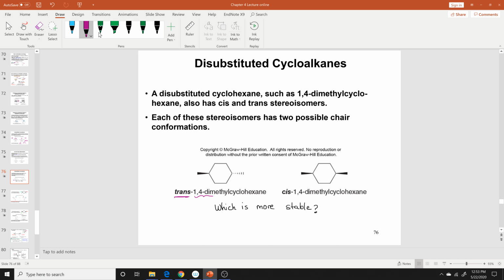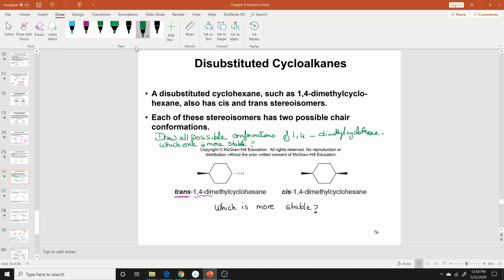So the question is, let me write it down. Draw all possible conformations of 1,4-dimethylcyclohexane. And the second part of the question: which one is more stable?